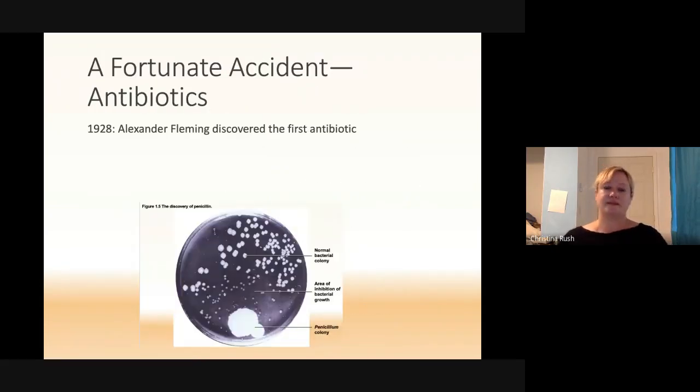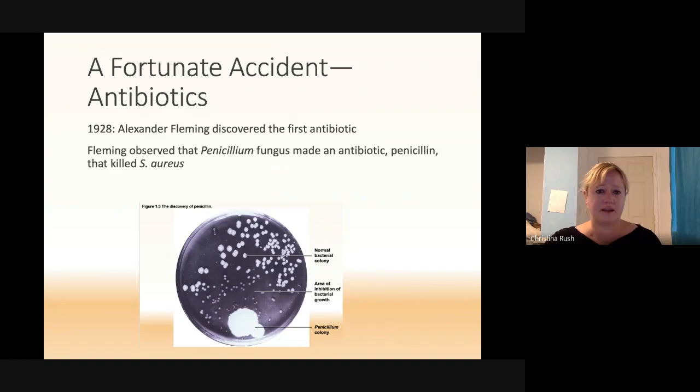So antibiotics. Now, while we had those drugs, it took quite a long time for antibiotics to really come into development. And this was really because of an accident. So in 1928, Alexander Fleming discovered the first antibiotic.